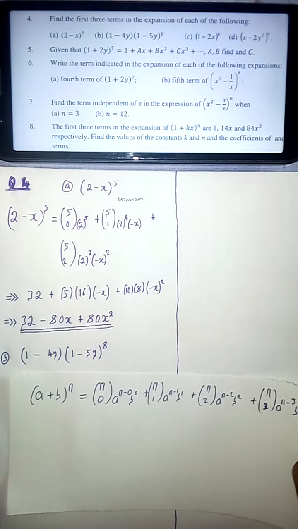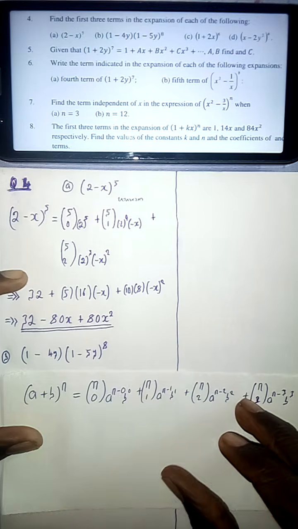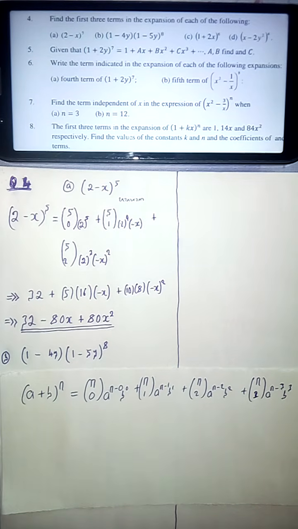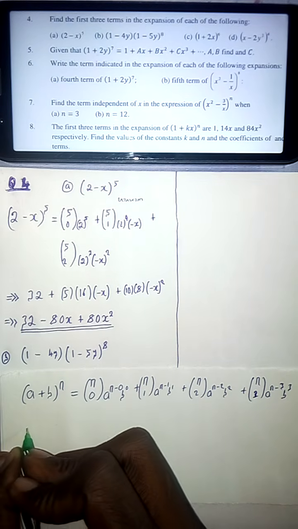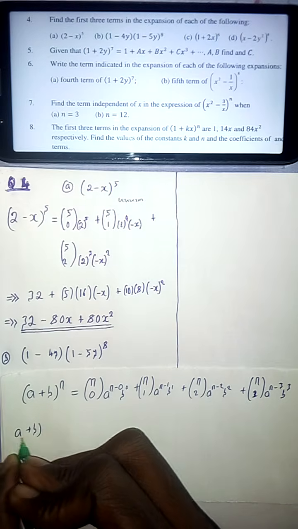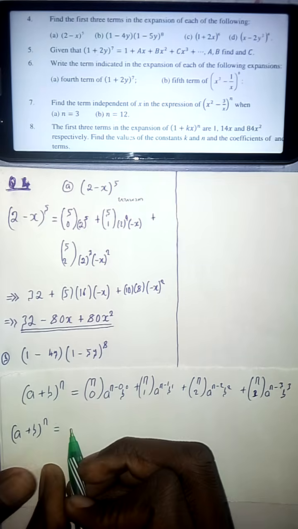before we start solving, let's write down the other formula which we are going to use for this problem. Well, this is the formula. So a plus b to the power n can also be written as what?